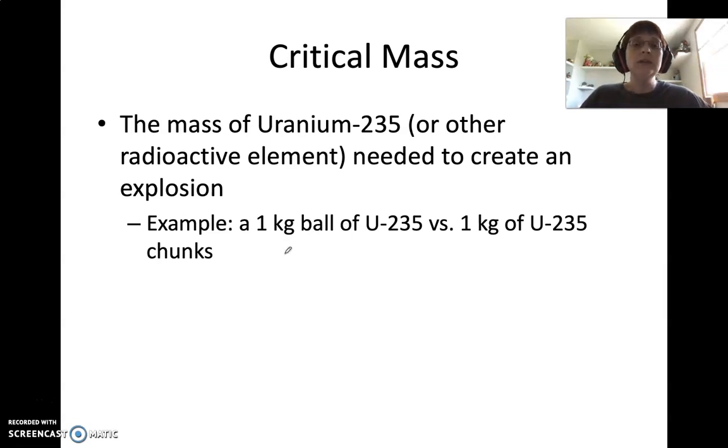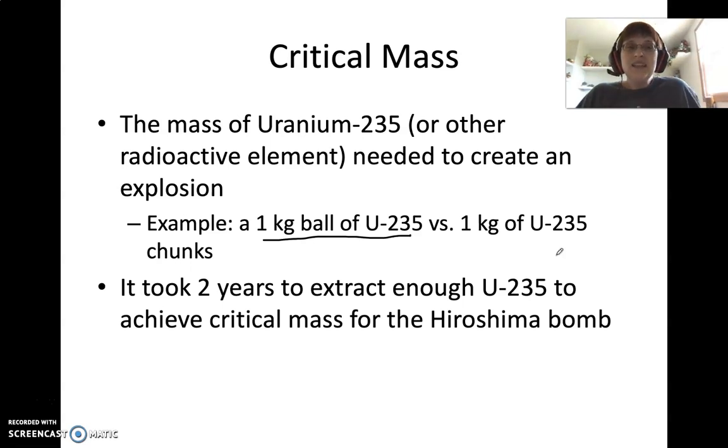Because the only one of these that would be able to undergo critical mass would be this guy right here, because it needs to be in that solid chunk in order to build up the chain reaction without losing the neutrons on the outside. This guy right here, the chunks, would actually lose the neutrons too fast in order to build up the heat and energy, like we were just talking about on the previous slide, to create the explosion that you'd be looking for as far as this radioactive element.